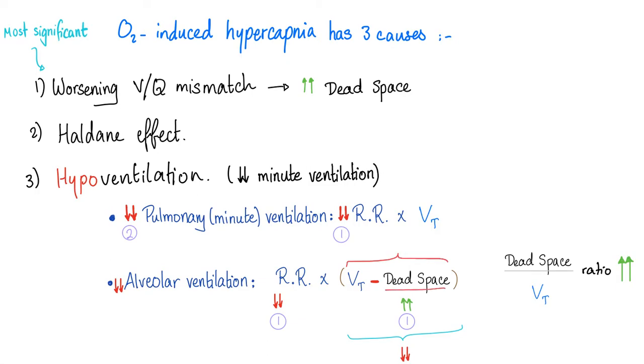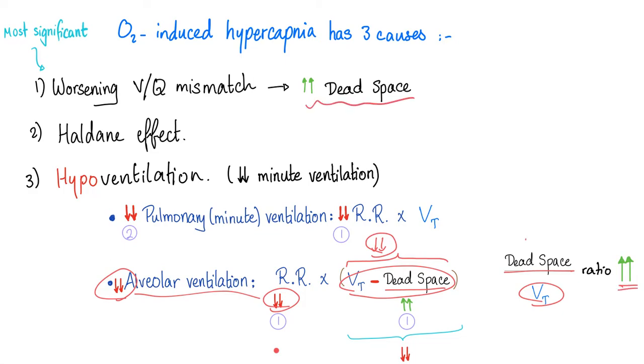When you increase the dead space, this whole thing will go down. This is called math. When this decreases and this decreases, what's going to happen to the alveolar ventilation? It's going to go down. So the dead space to tidal volume ratio increased because the dead space has gone up and the tidal volume has gone down, both of which will increase the ratio.